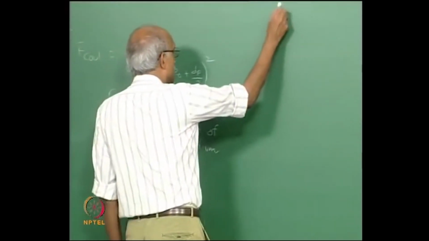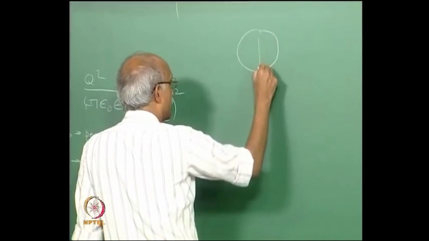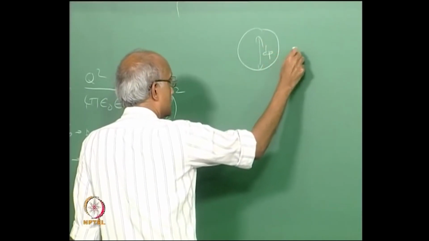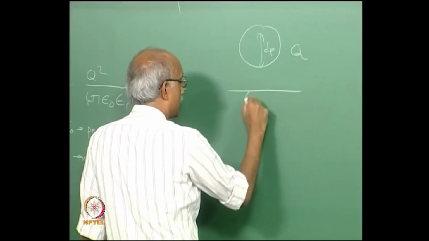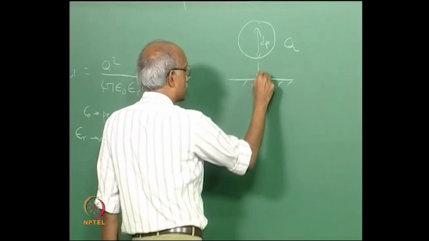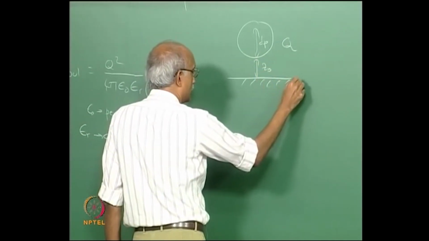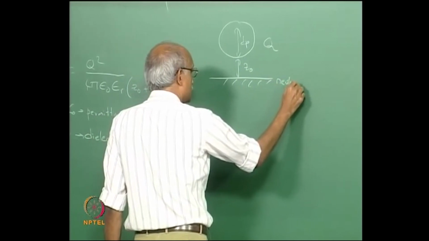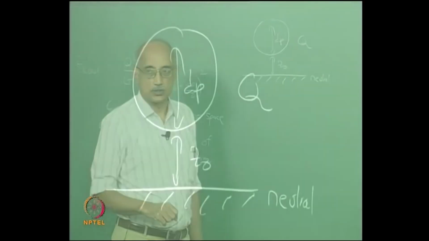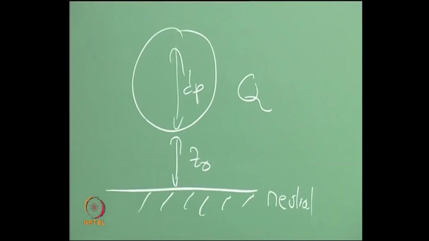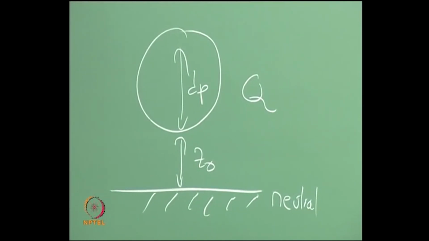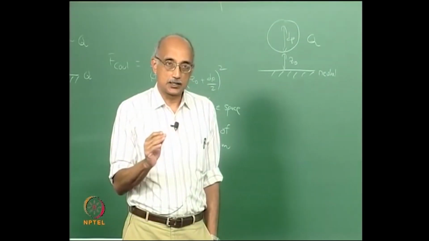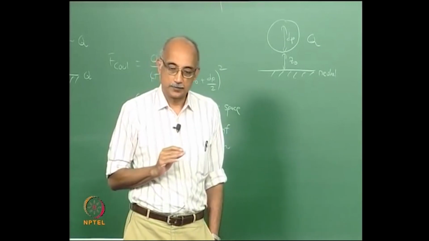So, in that case you again have a particle of diameter dp, charge q, and you have a surface with a distance of separation of z0, but let us say that the only difference is the surface itself is neutral. It turns out that even in such a case a Coulombic force does develop between these surfaces.